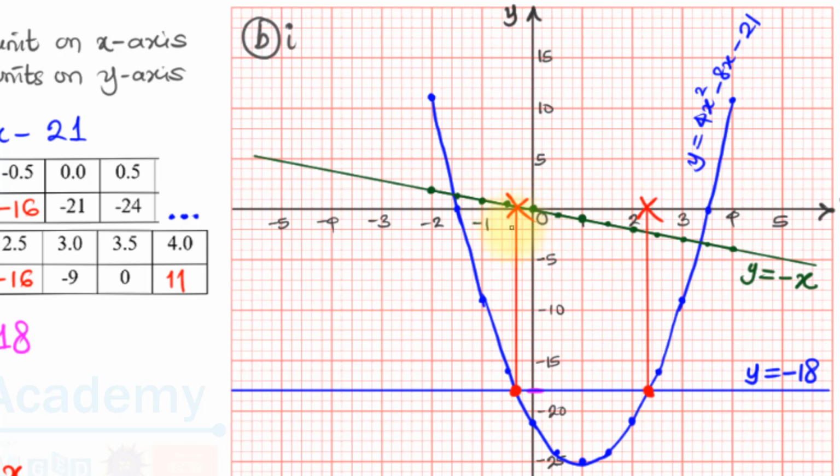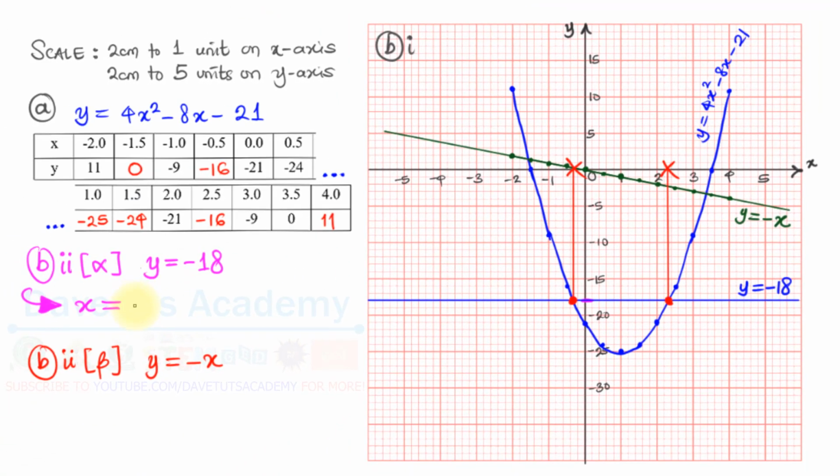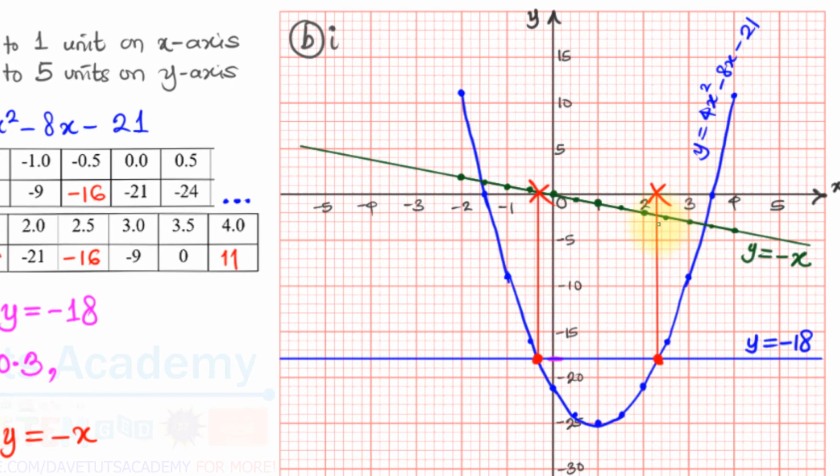It did not get to the second box, so I can say it is in between the first box and the second box. First box is minus 0.2, the second one is minus 0.4. In between them, I can take as minus 0.3. That is on the negative axis. Then here I have 2.2, 2.4. It is 2.3, which happens to be in between those two.